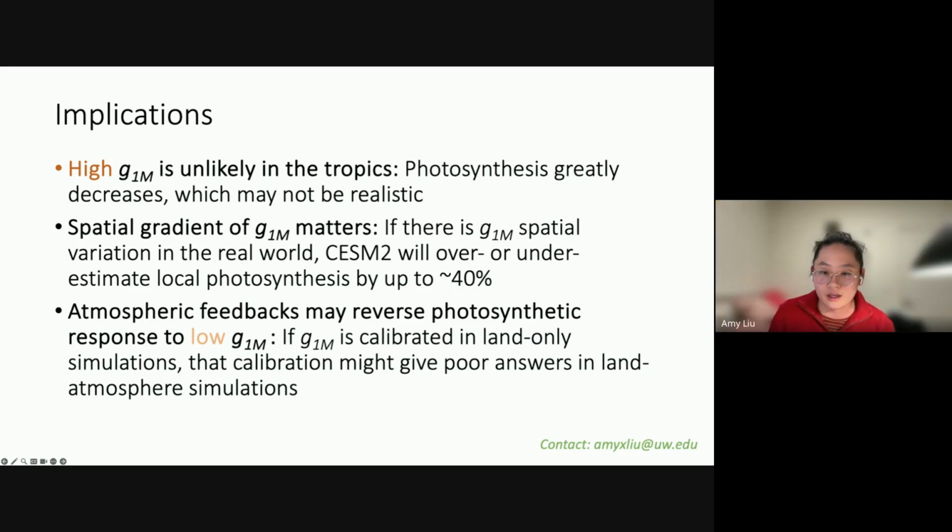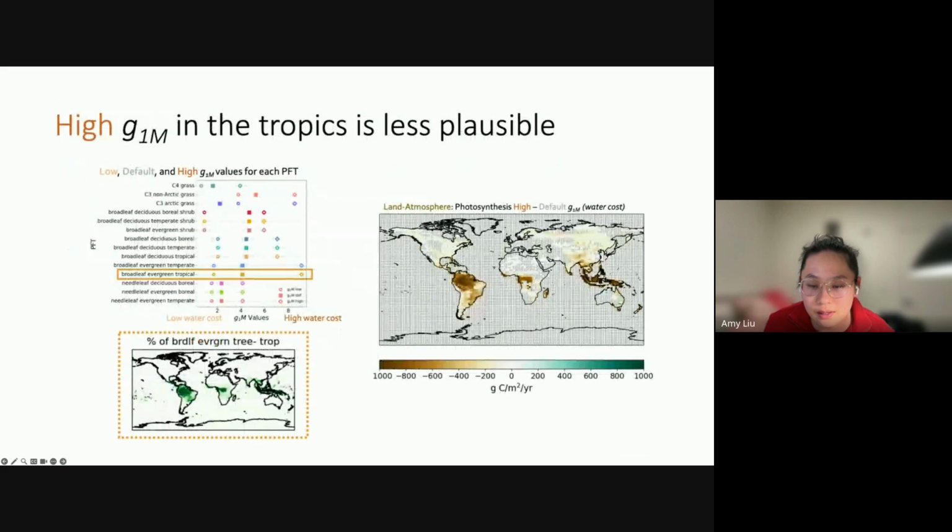Yeah. So let me pull up this slide here. I don't think our simulations can tell you what the spatial gradient of G1M can be, but I think it can tell us if a certain G1M value could be or isn't plausible for a region.